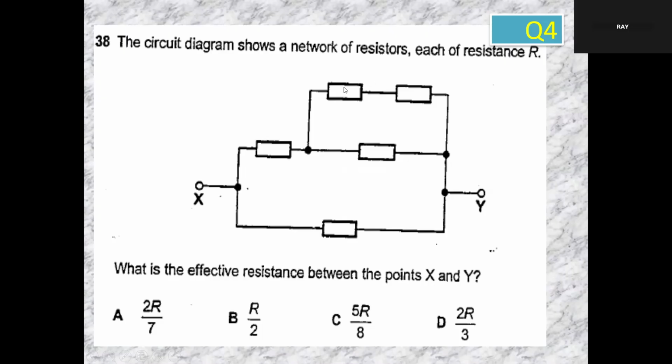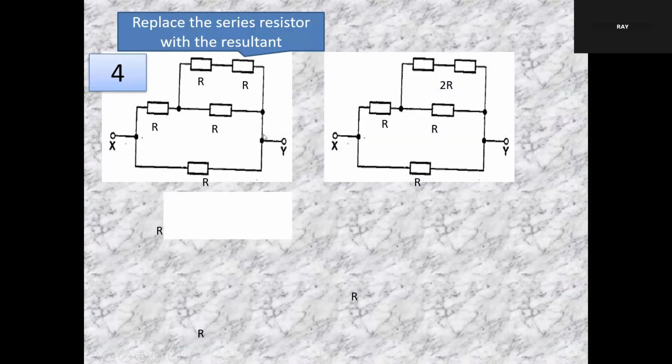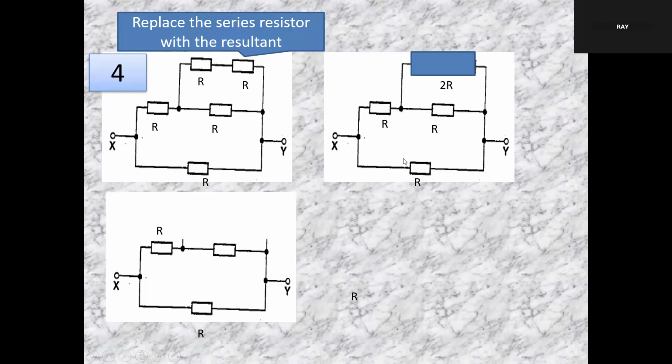Replace the one first, then replace these two. Doing step by step. That's the original circuit. Replace this one, this is 2R. And replace this one. Replace this one, it becomes that one.